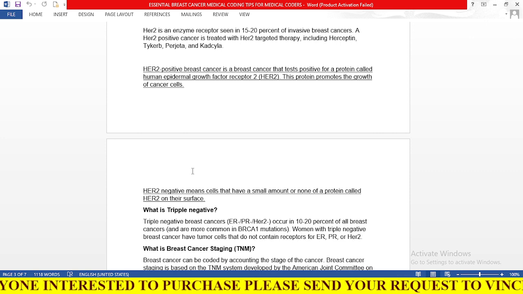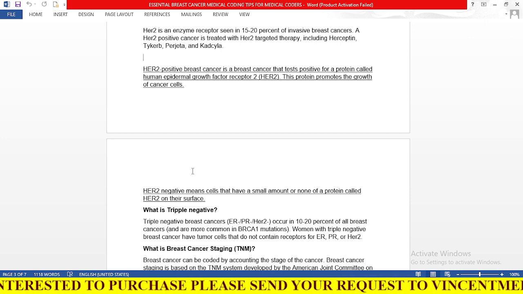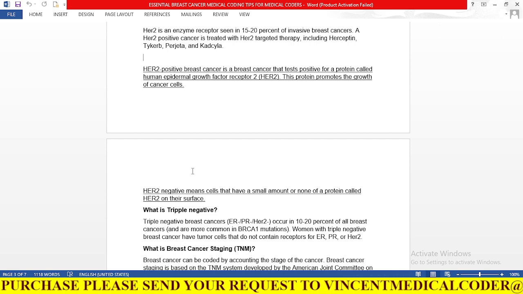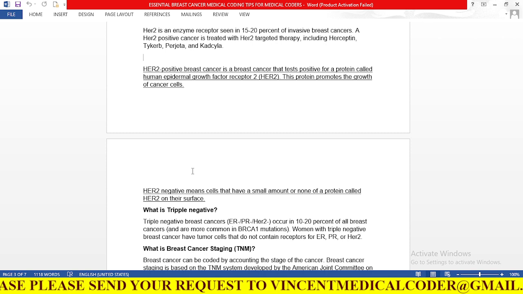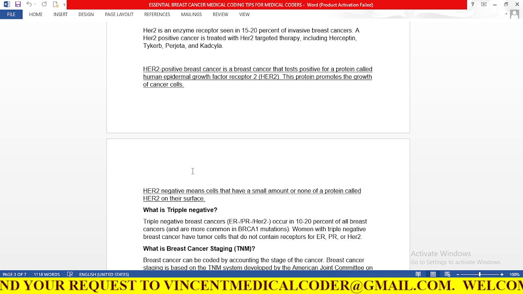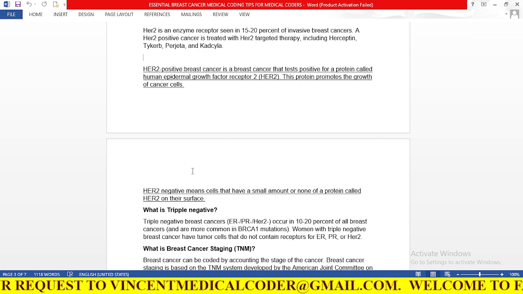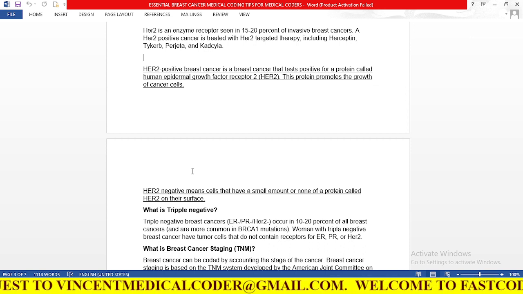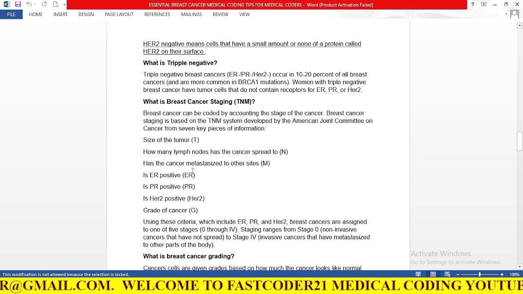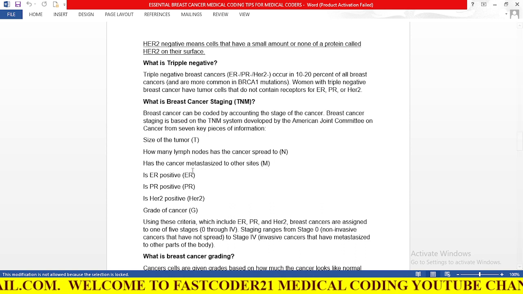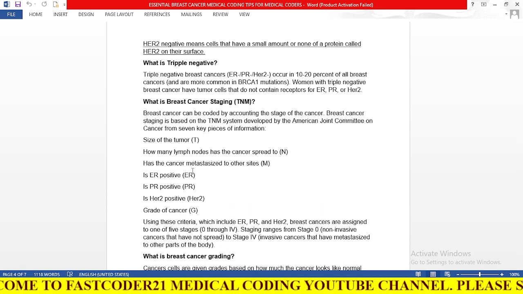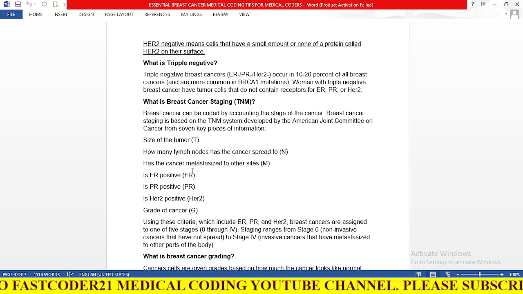So if the patient has breast cancer and is HER2 positive, it means the patient has this protein, which promotes the growth of cancer cells. HER2 negative means cells that have a small amount or none of the protein called HER2 on their surface. So HER2 negative means it is not a cancer.